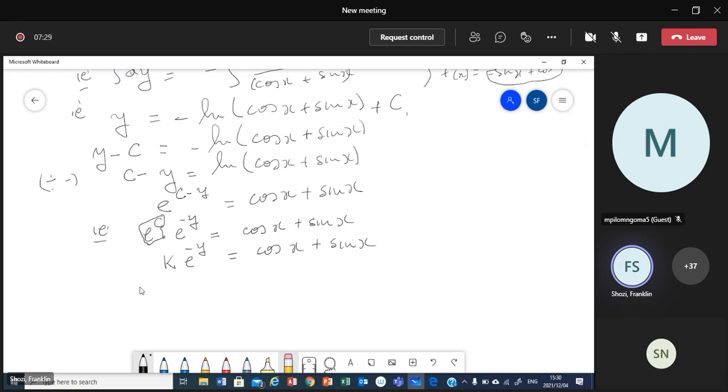Now, if you want to make k the subject of the formula, it will end up being e to the power y into cos x plus sin x. And this is your answer.